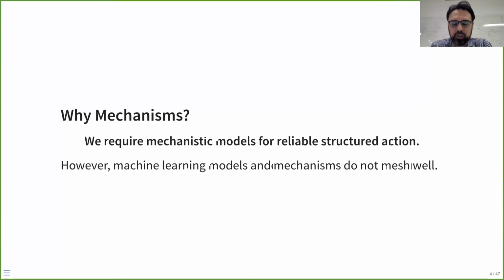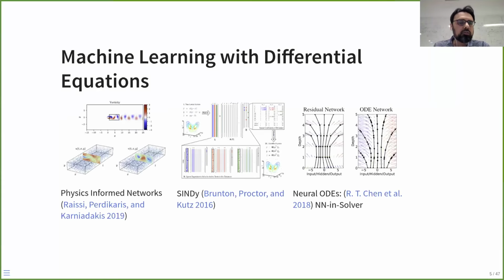So the prior work that we're interested in is the one that combines neural networks with explicit differential equations. I guess you could see three directions for this. You have physics-informed networks.